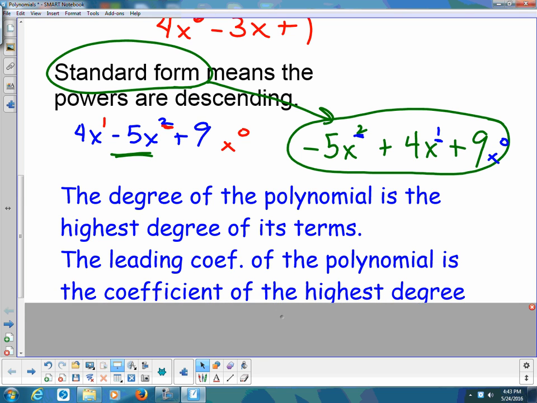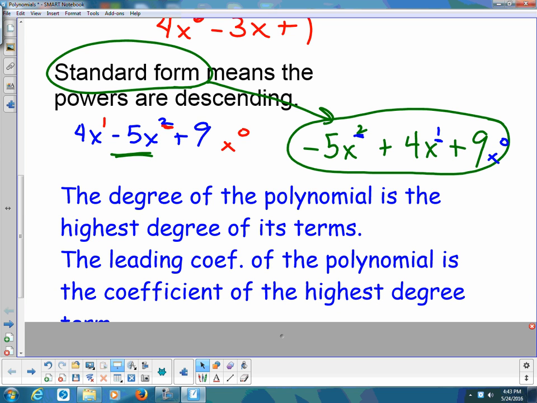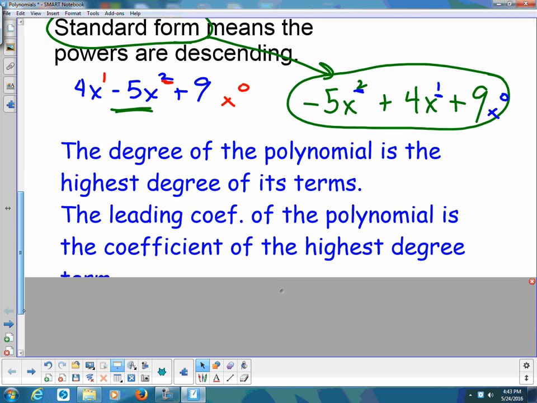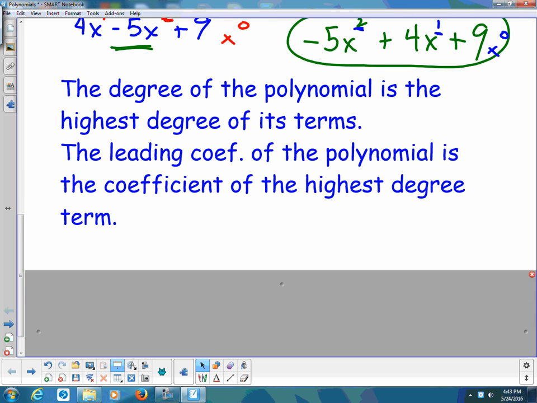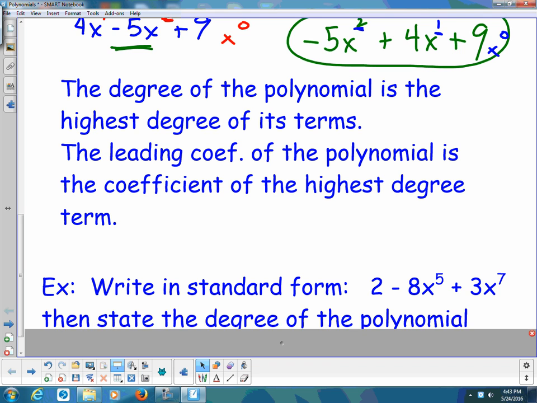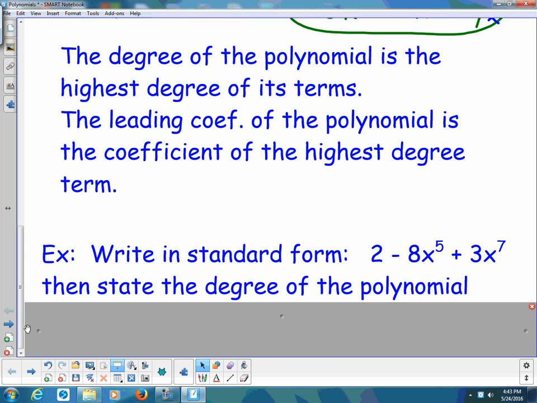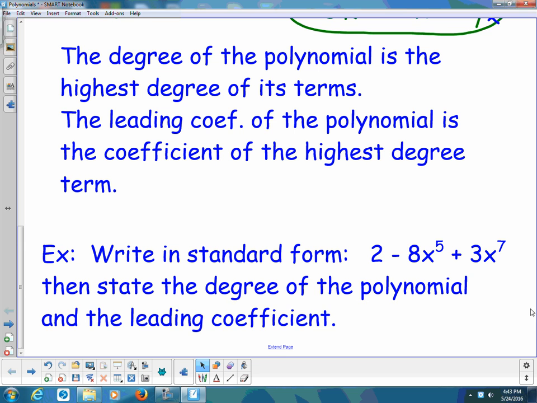All right, the degree of the polynomial is the highest degree of its terms. The leading coefficient of the polynomial is the coefficient of the highest degree term. So let's take a look at this example. It says write in standard form and then state the degree of the polynomial and state the leading coefficient.